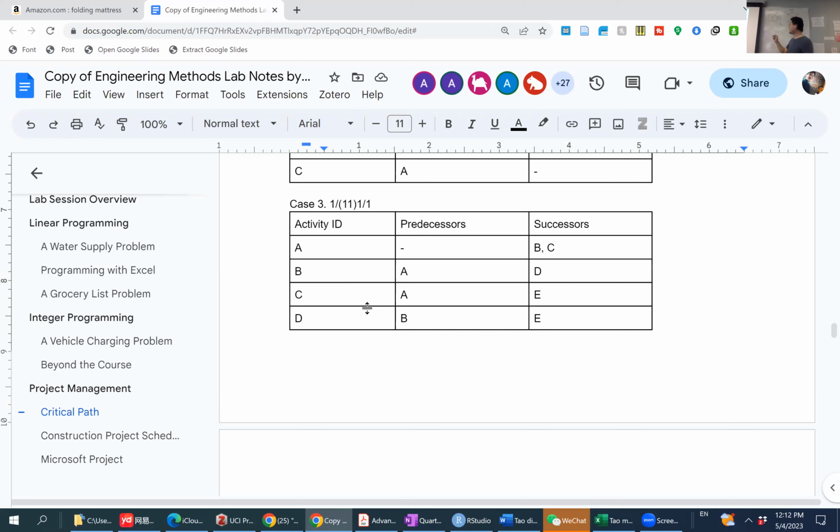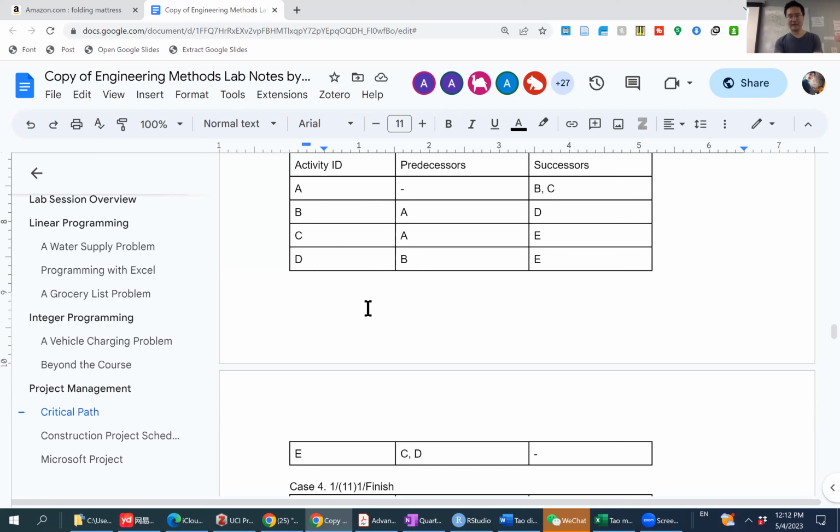After that, we need to find out what to do with activity D. Activity D has B as predecessor, so it needs to be after this. And what it needs to point to is that we also have E as the successor of D, right? So E needs to be somewhere after it.